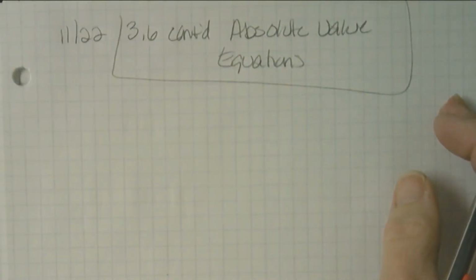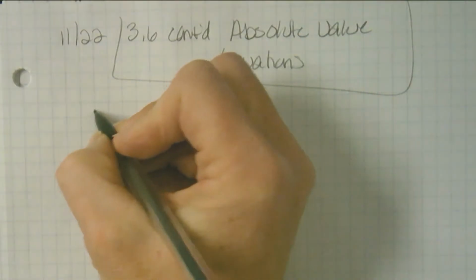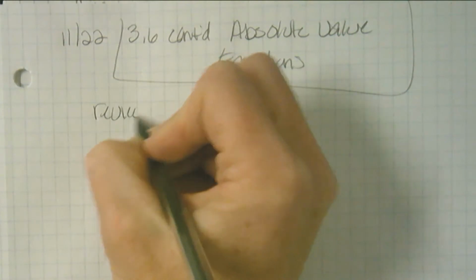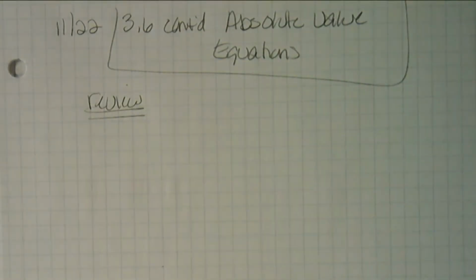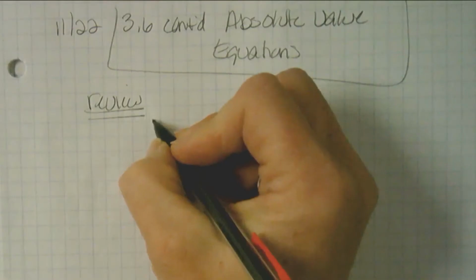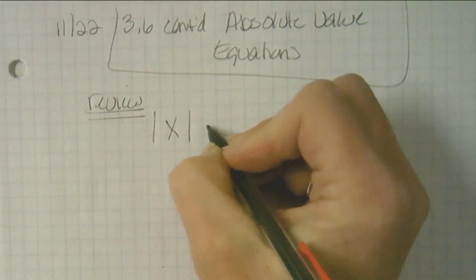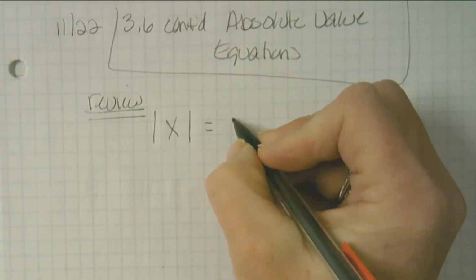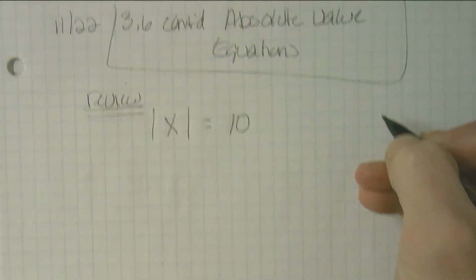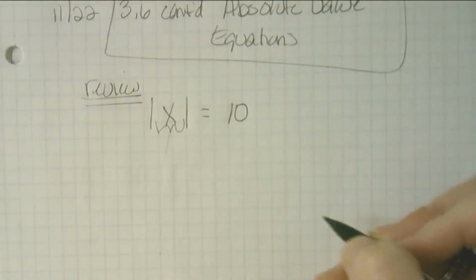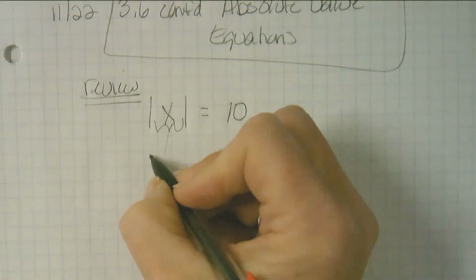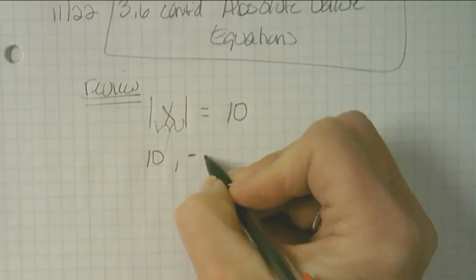Absolute value equations. All right, so let's review something for a second, because I need you guys to get in your heads what we're doing here. This is going to get a little bit more complicated. So if I have the absolute value of x is equal to 10, then this value inside the absolute value can be 10 or a negative 10.